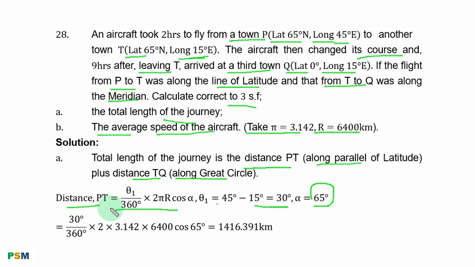You replace the various parameters with what they stand for in the given formula. You have it in this form. When you simplify and divide, you have 1,416.391 kilometers as the distance between P and T.